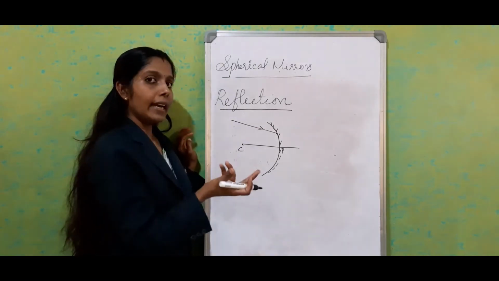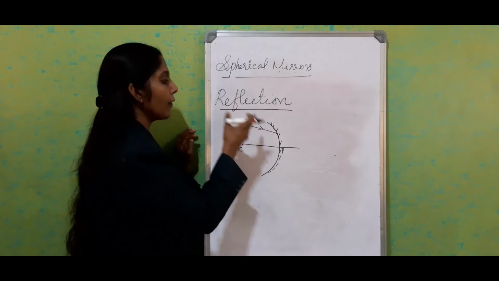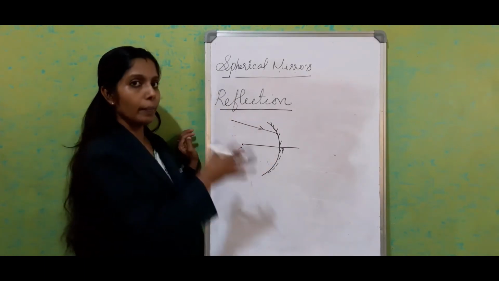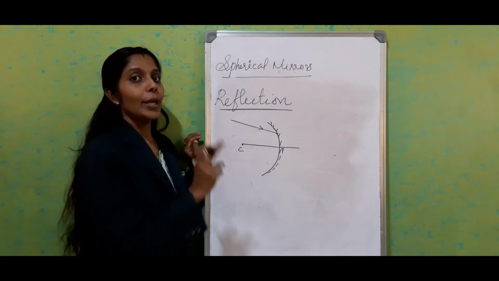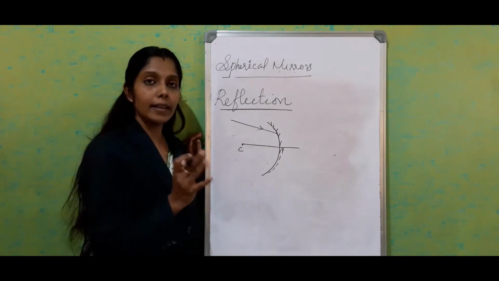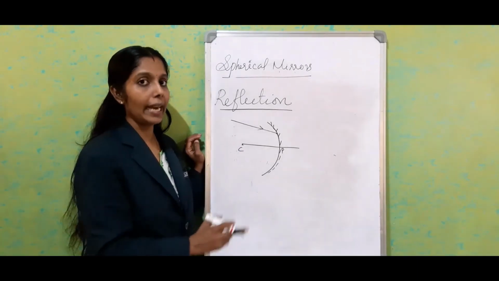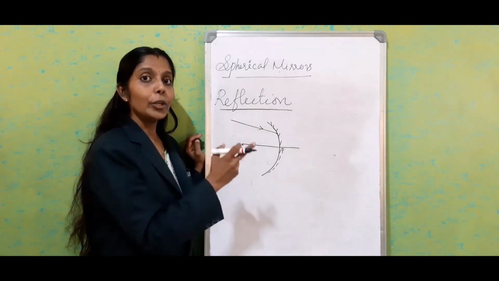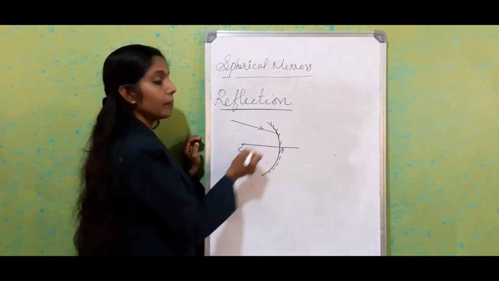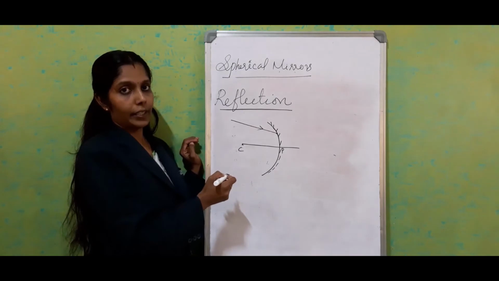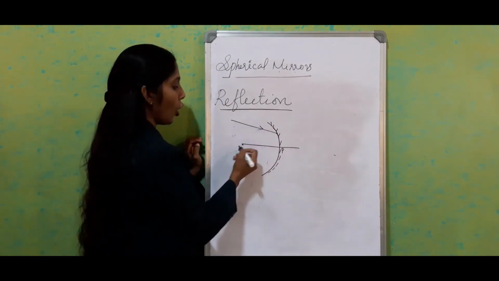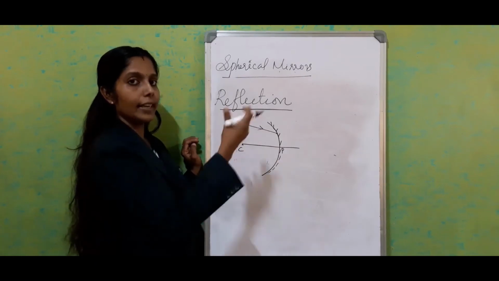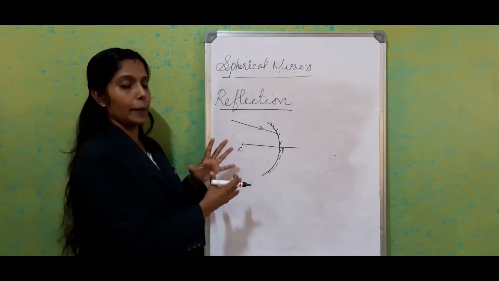We studied that in the case of plane mirrors, when a ray strikes a point, we have to draw a normal at that point. Here, in the case of spherical mirrors, the normal should pass through the center of curvature. So for each and every point, we will get a normal, if we consider the center of curvature, meaning the center of the sphere.